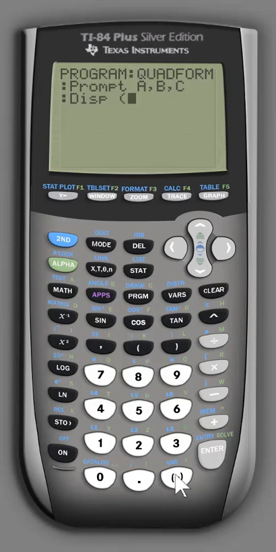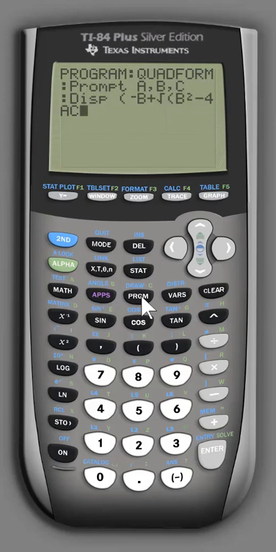So the first thing I'm going to do is the negative of alpha b. Then I'm going to do plus the square root, and square root is second there. And then it's going to be b squared. So I'm going to do alpha b, and then come over to the squared key, subtract 4 times a times c.